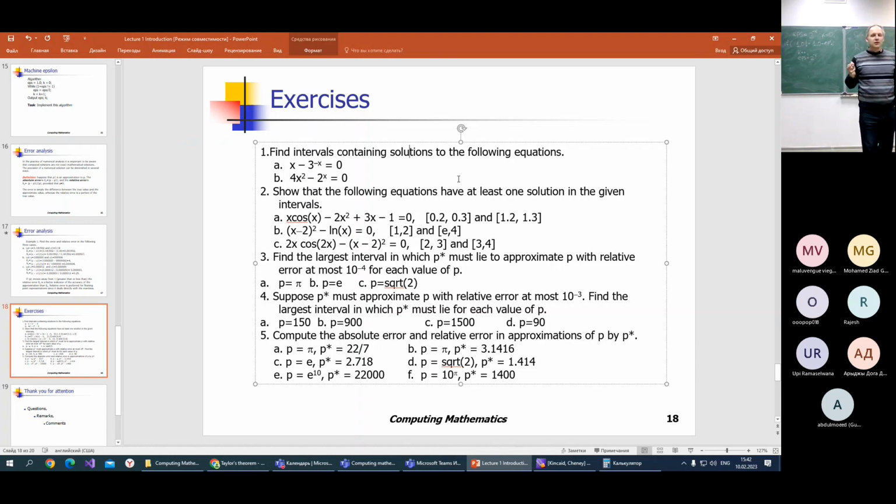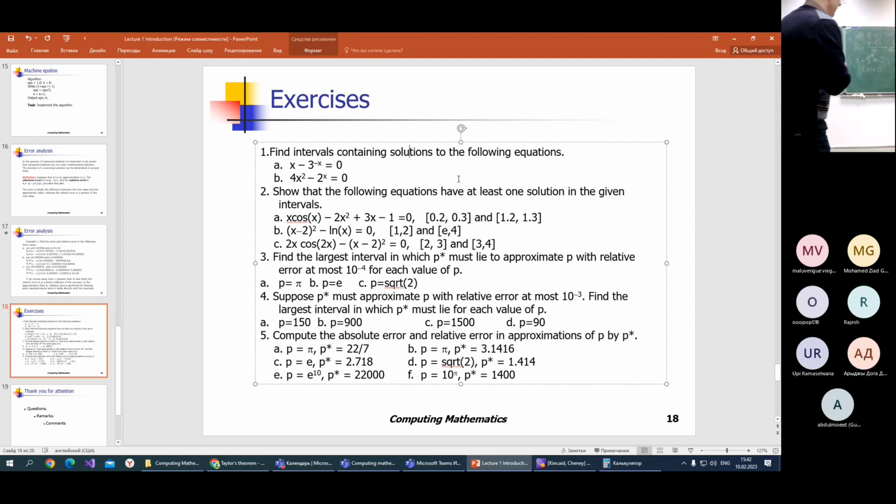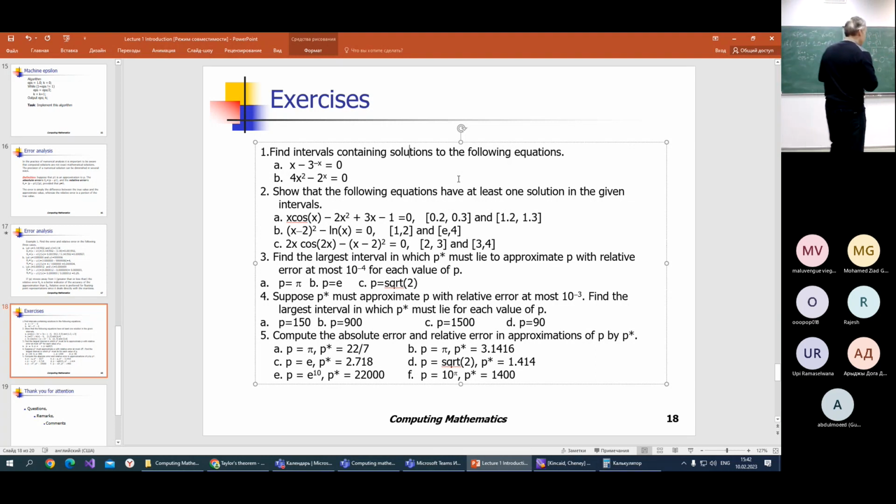But if we suppose also that this function is continuous, we discussed continuous functions in the first half of the lesson, it means that, for example, at this point this function will be positive, and at this point this function will be negative.